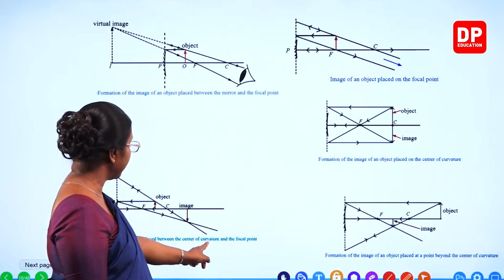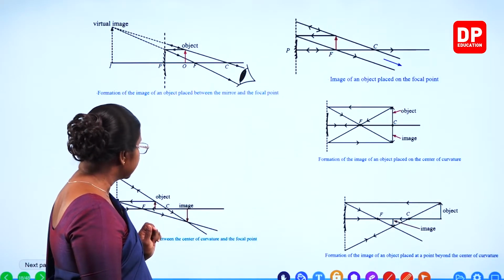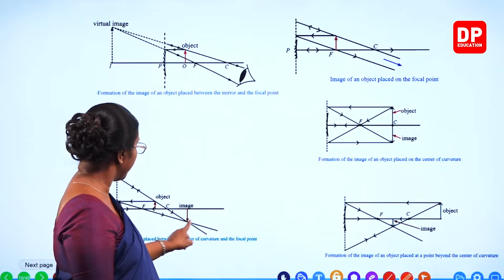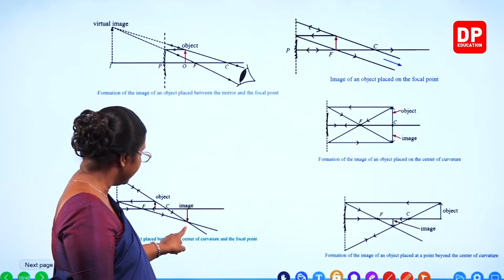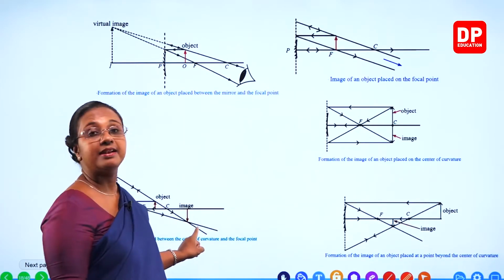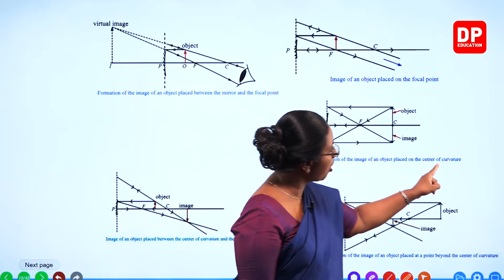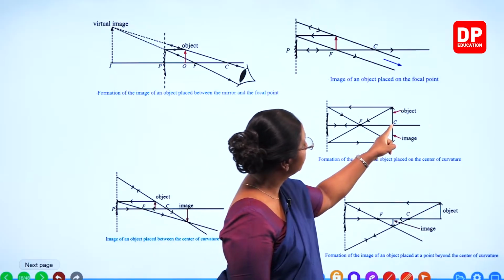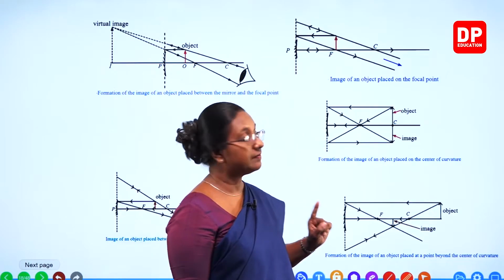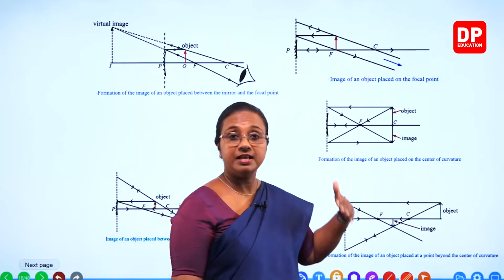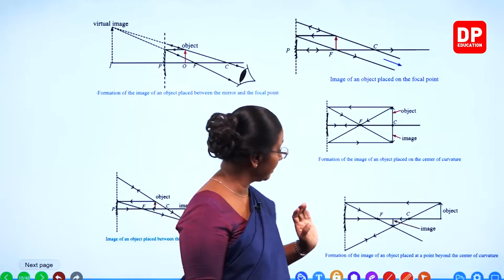When the object is between the center of curvature and the focal point, it is an inverted, enlarged and real image. When the object is on the center of curvature, you get the image on the center of curvature, the same size, inverted as well as real.